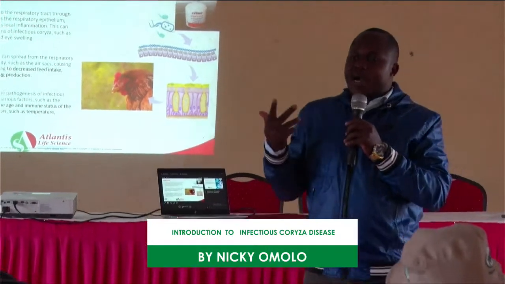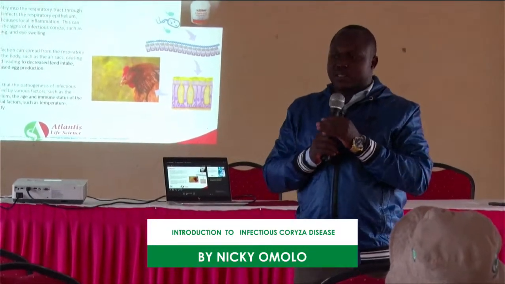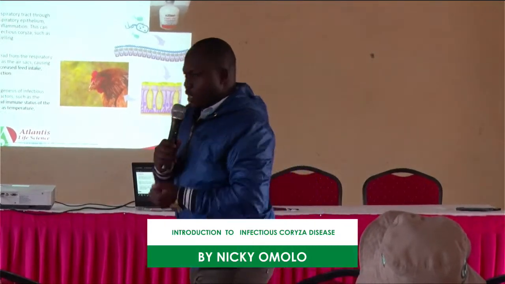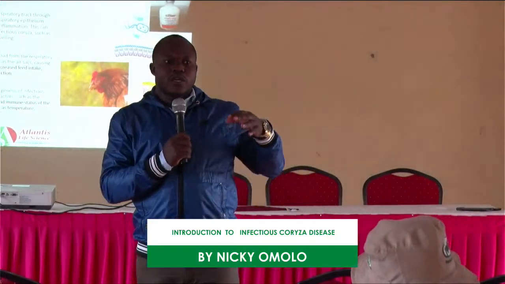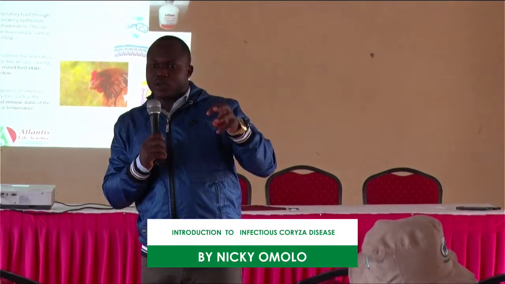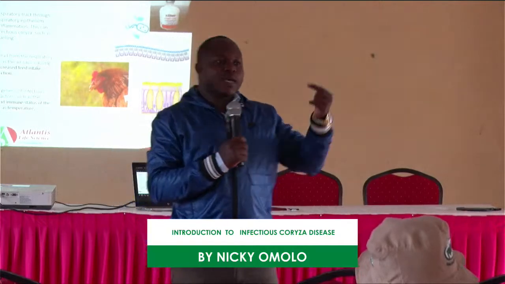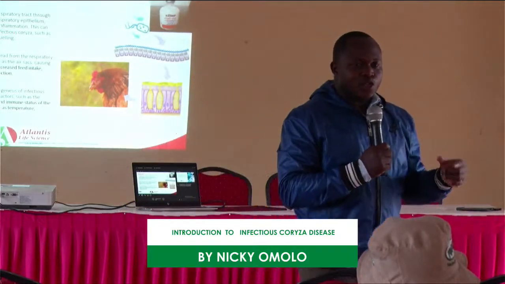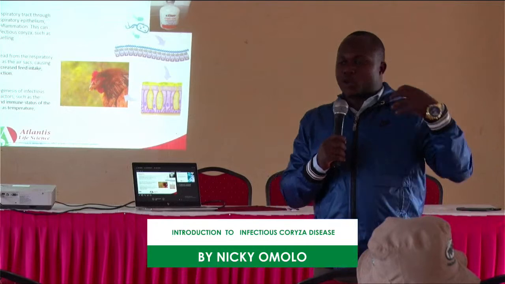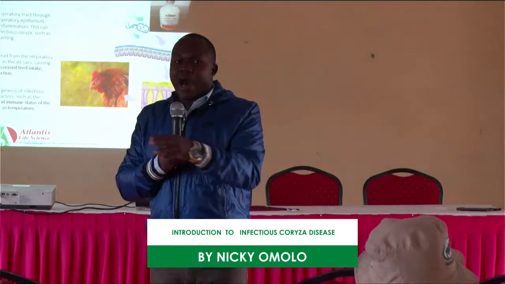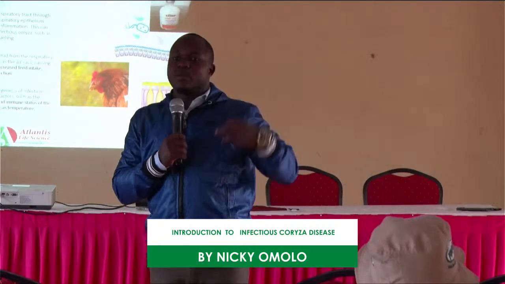When the body reacts, it causes the goblet cells to begin producing mucus. It depends also on the virulence, or on the magnitude or load of the bacteria getting in through the respiratory system. So the goblet cells will be producing a lot of mucus depending on the gravity of the infection. The higher the infection, the higher the amount of mucus that will be produced.